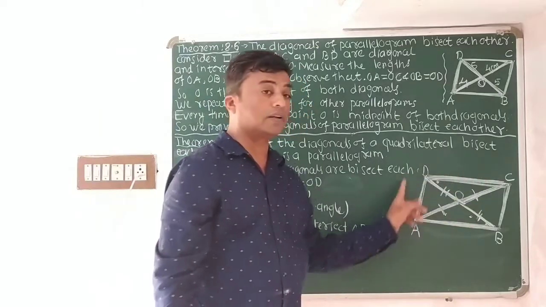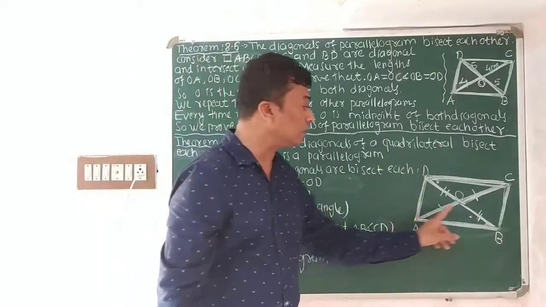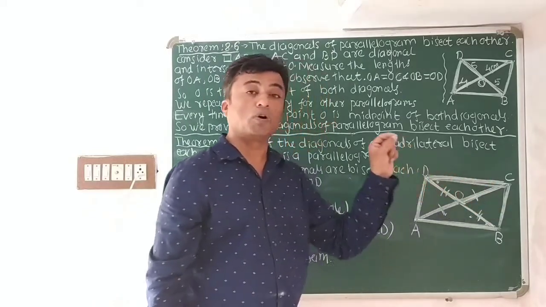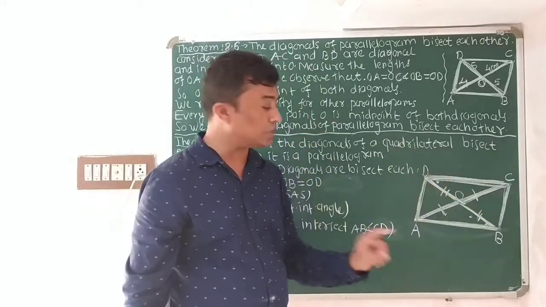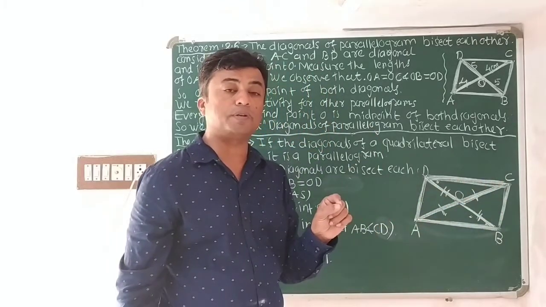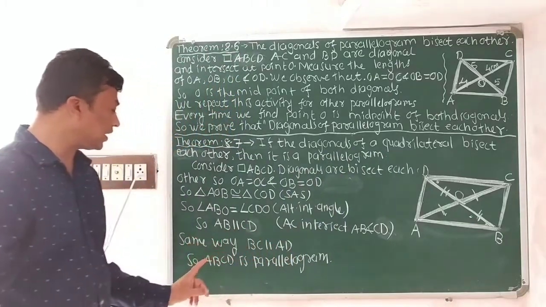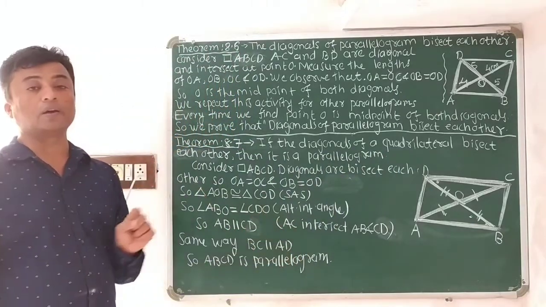Here in quadrilateral ABCD, AB and CD are opposite sides and parallel, and AD and BC are opposite sides and parallel. So ABCD is a parallelogram.